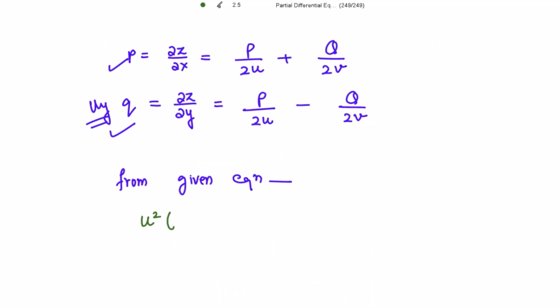If I add these two, we have these two cancelled out, we have twice of P divided by twice of u, and its square. 2 cancelled out. Okay, u square is also cancelled out with this. We have P square only over here.